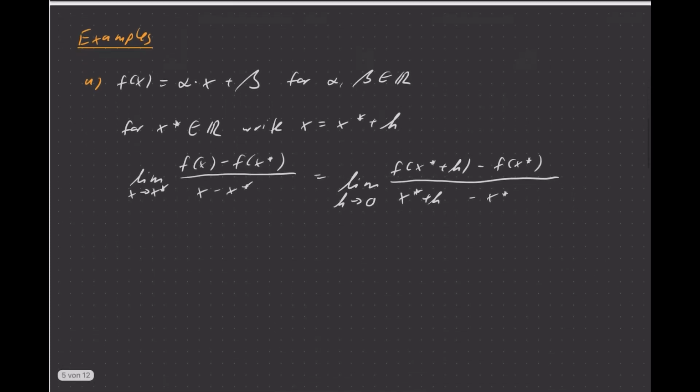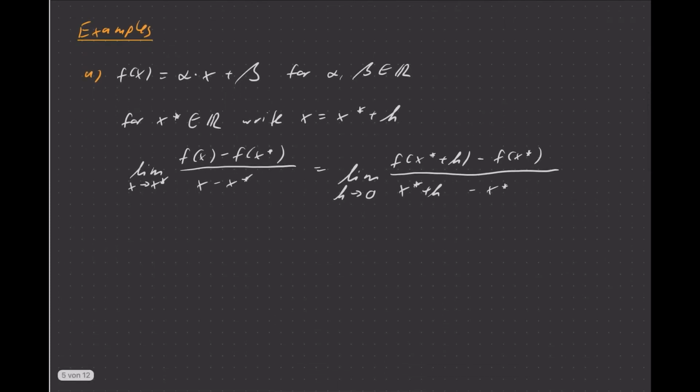So sometimes this expression makes it simpler to actually compute the derivative, and that's why I'd like to introduce that idea now. We'll use that frequently later on. So this is actually the same thing as the limit. Well, the denominator here is actually x star minus x star plus h, so what remains is h. And that means we have 1 over h times the numerator.